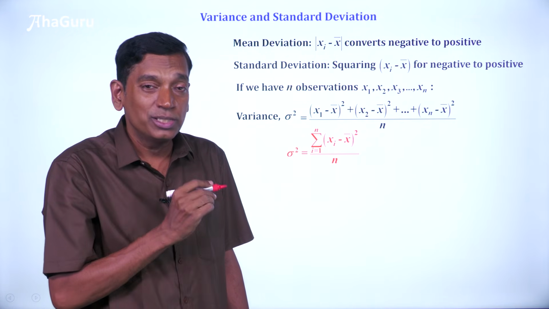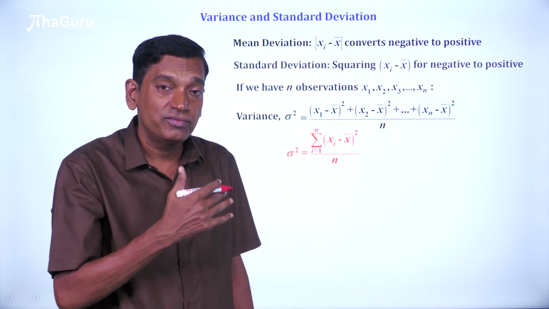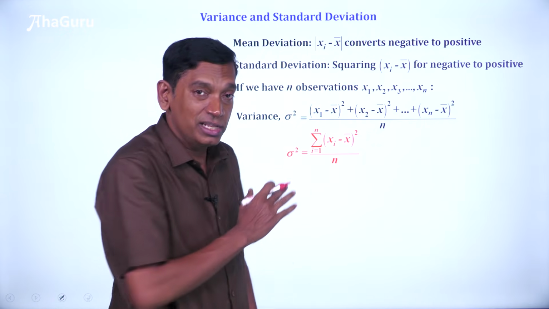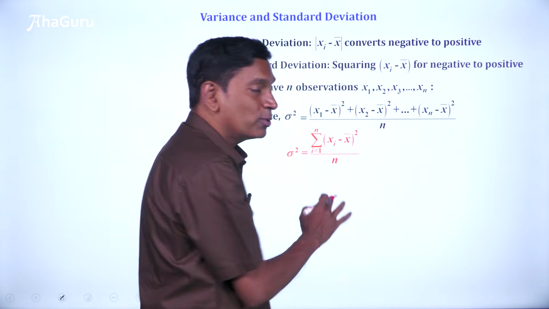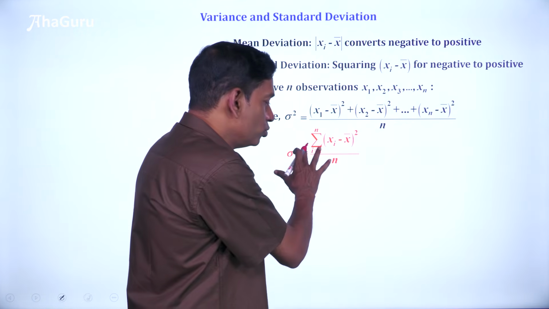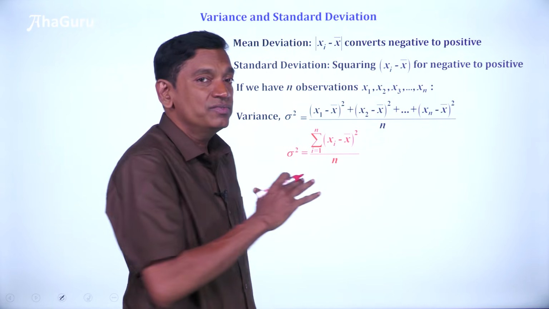That is something you have to get used to, and depending on the context you should understand which one we are referring to. So, we can say sigma square equals the sum over i equals 1 to n of xi minus x bar the whole squared divided by n. I know it is a little confusing, but you have to get used to the context. So, this is what we call variance.